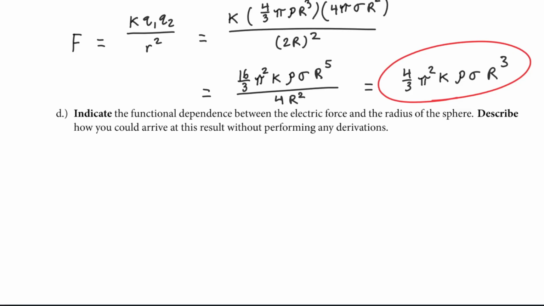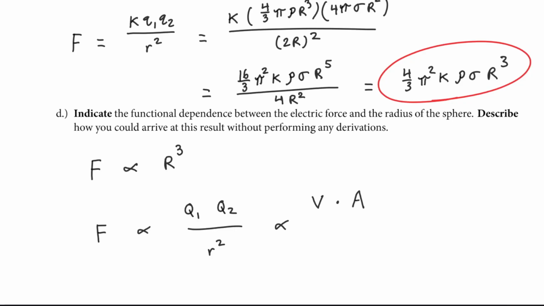So now we're just going to look at how does this actually depend on the radius of the sphere? Well, we see that in this case, the force actually increases with radius of the sphere cubed. And how could we figure this out without deriving anything? Well, if we look at this without deriving anything, we see that the force is proportional to both charges divided by the distance between them squared. So Q1 is a volume charge density, so this is proportional to the volume.